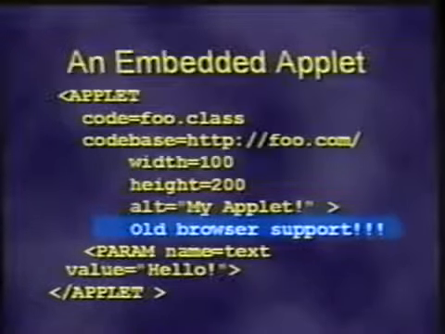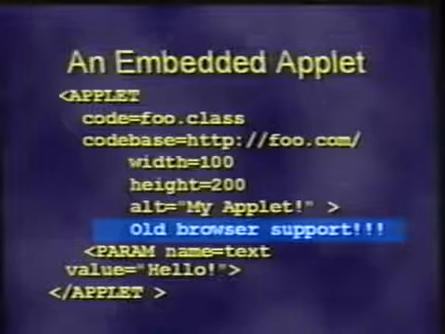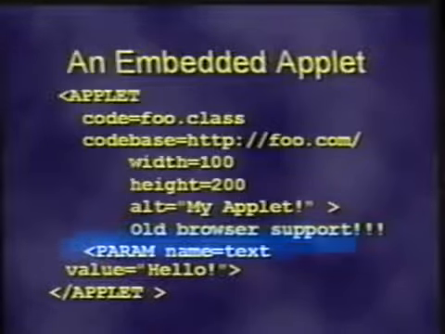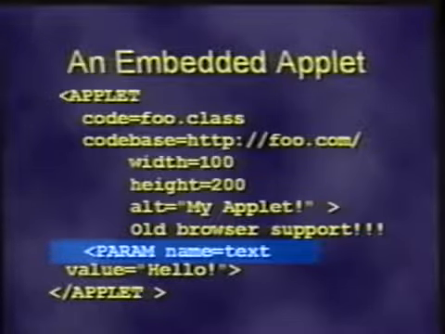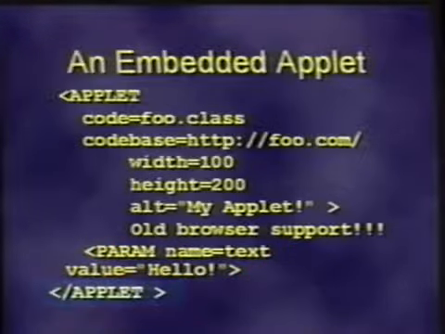We have this string of text following saying old browser support. That can be any arbitrary text or HTML markup that'll be displayed if the browser doesn't understand applets. Finally, we have a single parameter in that param tag. We gave the parameter name of text and a value of hello, which would just be a way of giving this information to the applet.